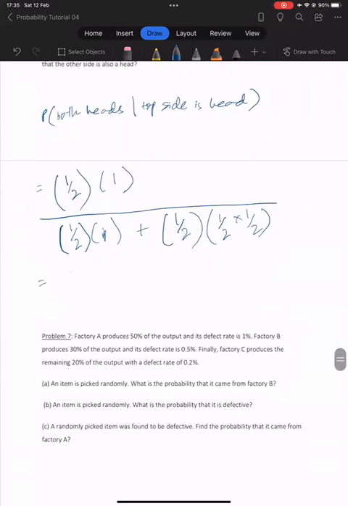So this should come out to be half plus... I think I'm doing something wrong here. Should be just 1. Okay, so 2-headed coin was picked. हमारा event है.